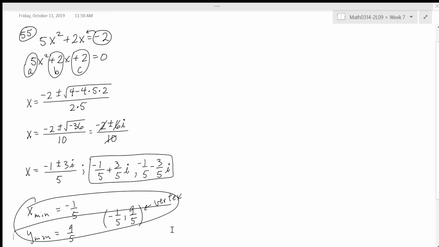Negative 0.2. What is negative 1/5 as a decimal? Negative 0.20, which is right. And what is 9/5 as a decimal? And that's also verified here. Do y'all see that? That the vertex is verified with the Desmos.